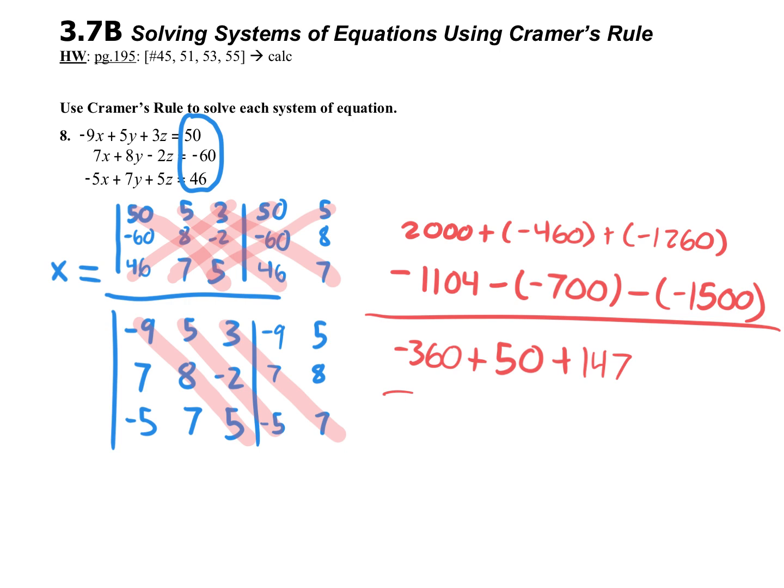Next one is 24 times negative 5, which is negative 120. Multiplying these together, we get 18 times 7, which is 126. And then our last triple is those three numbers, 25 times 7 is 175.